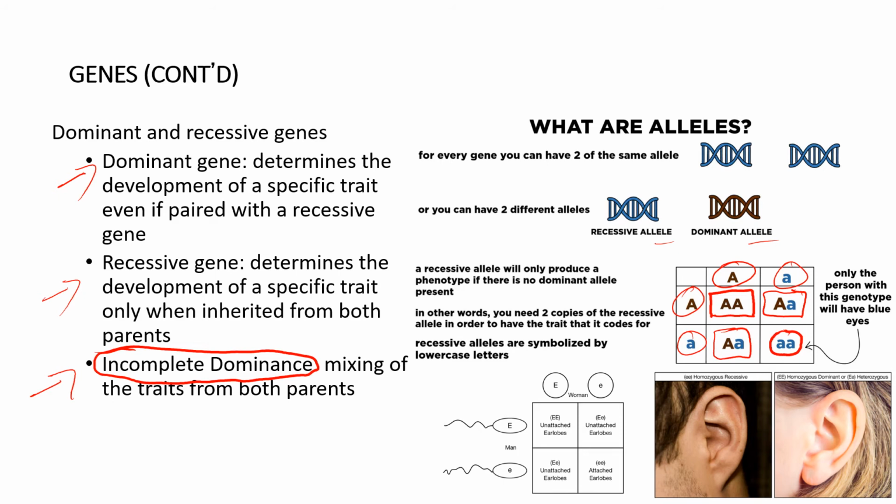For some genes, there can be 10, 15 different alleles, and these come in different categories. An allele that might be recessive to a different allele that's dominant might actually be dominant to a different recessive allele.